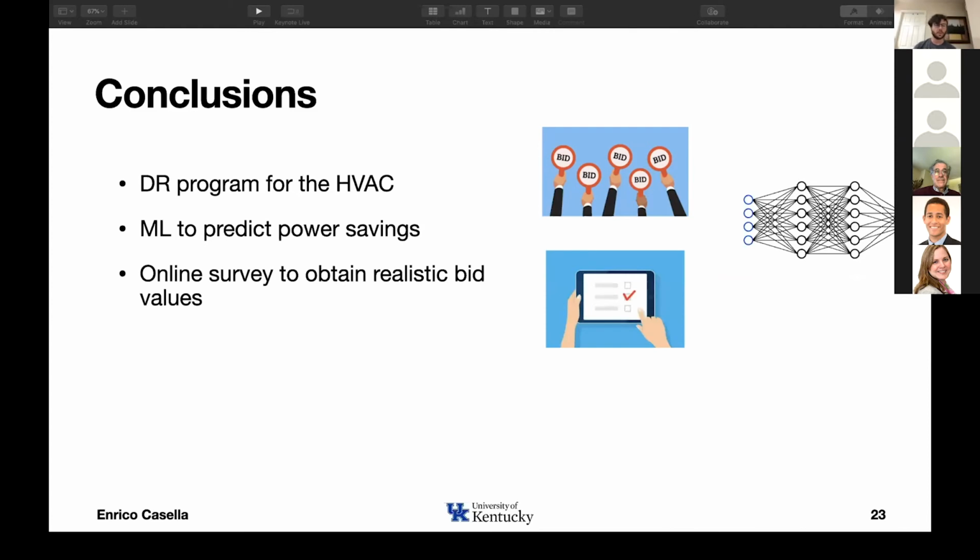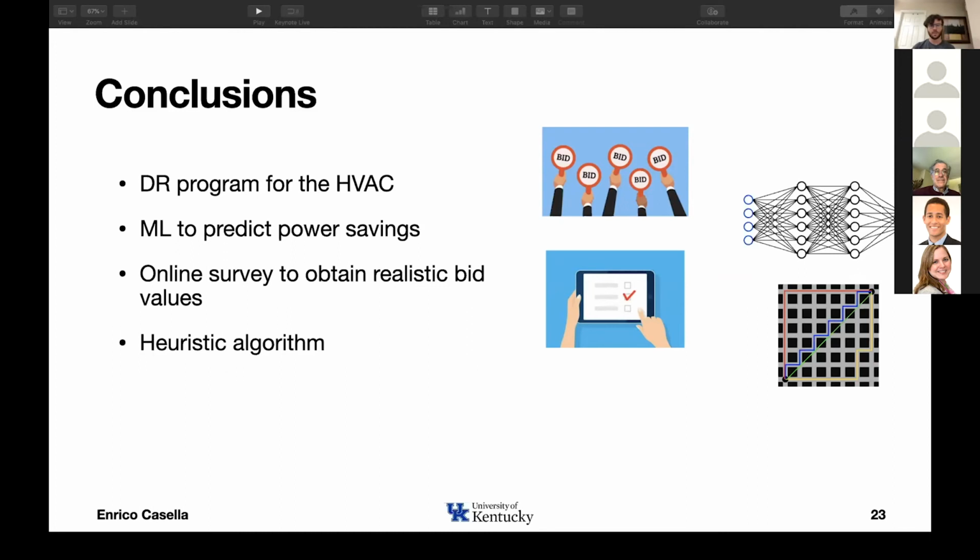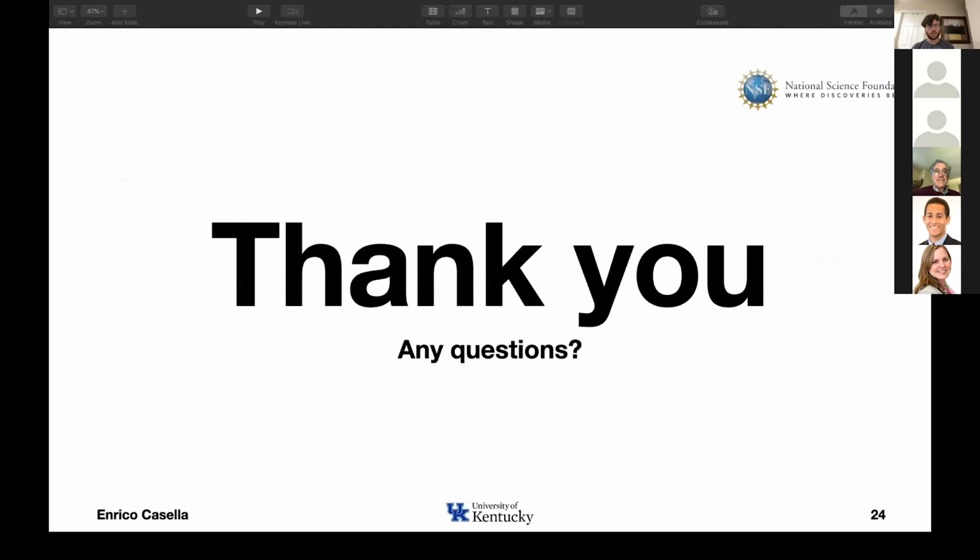We carried out an online survey that not only gives us realistic bid values to model the user behavior, but also shows us that quite a few people seem to be willing to change their thermostat set point for just an hour on some summer days. And then we developed a heuristic algorithm to solve the optimization problem, and we compared our approach with the state of the art. That was all.